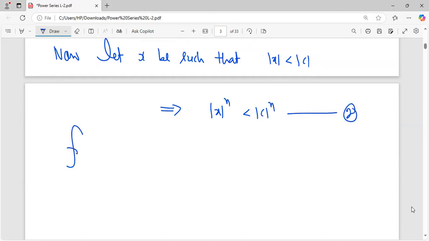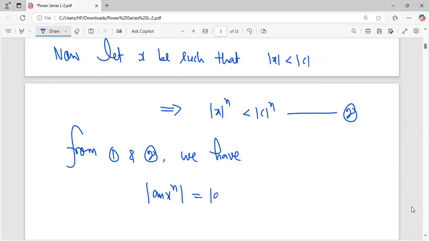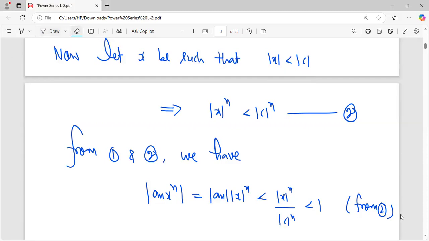So from 1 and 2, we have the absolute value of a n x to the power n is less than the absolute value of x to the power n upon the absolute value of c to the power n.